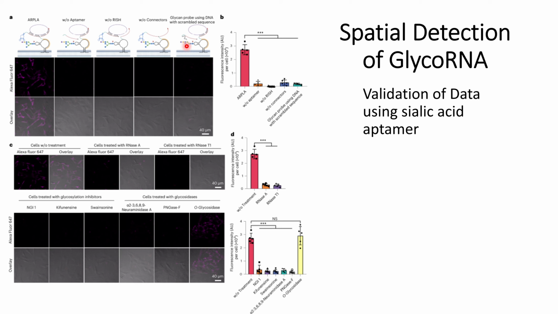Next, using the glycan probe with a different DNA sequence, or we can say a scrambled sequence, also it will not give any signals, because this DNA sequence will not match with the RNAs of interest for which this ARPLA is designed.